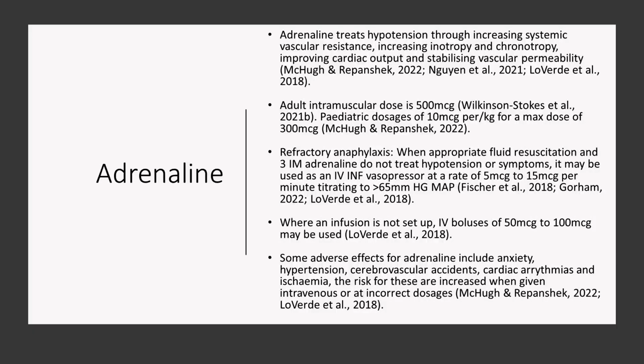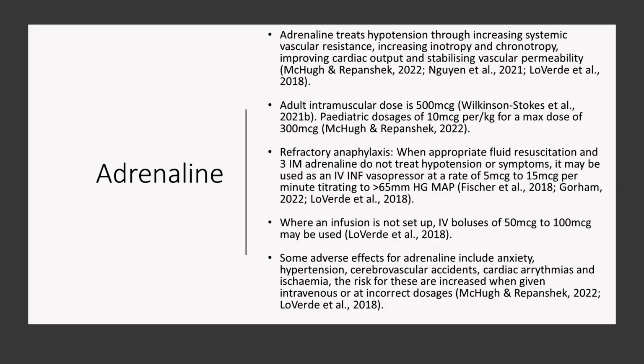Whilst working to reverse those inflammatory processes, adrenaline also treats hypotension through increasing systemic vascular resistance, increasing inotropy and chronotropy, and thus improves cardiac output and stabilizes vascular permeability. Essential.